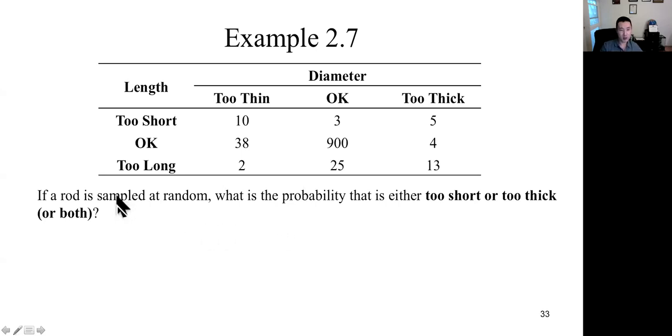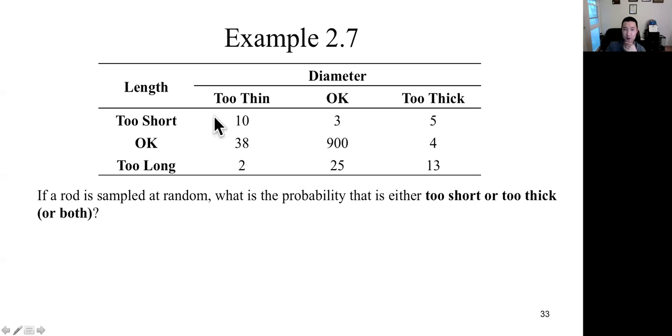So go back to the rod question. If a rod is sampled at random, what is the probability that it is either too short or too thick, or both? Okay, so this is asking for the probability P(too short) or P(too thick).